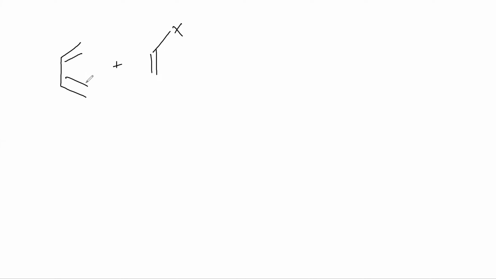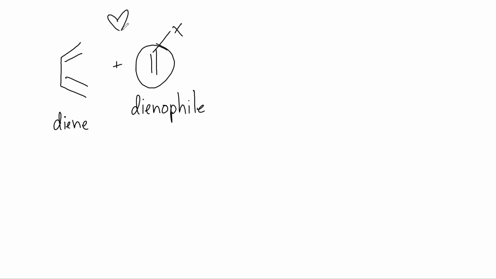These two reactants are going to have names having to do with the Diels Alder reaction. Our diene is going to be called the diene, and then the reactant without that diene is going to be called our dienophile. I hope I spelled this right, but essentially this guy loves the diene, so it's going to create a new bond with it. That's why it's a dienophile.